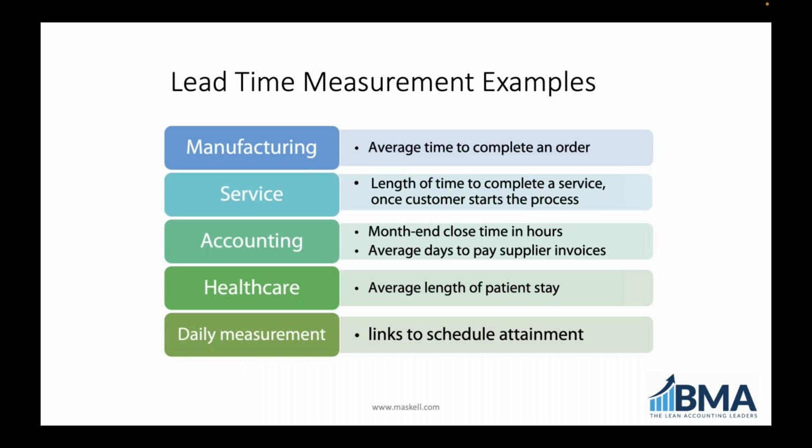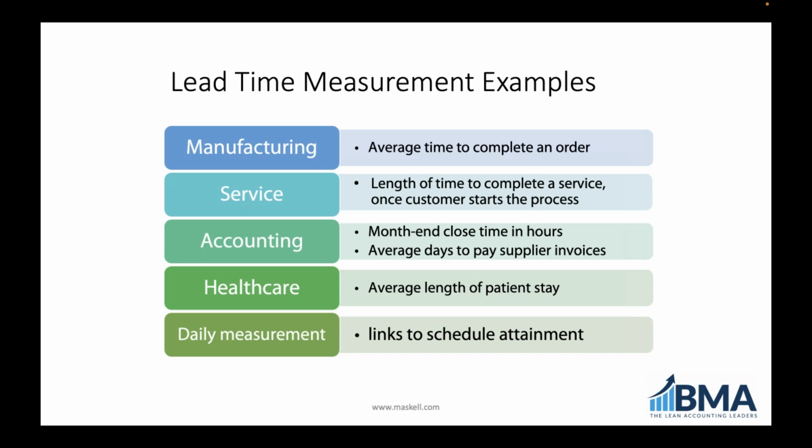Here are some examples, which some have explained verbally: order fulfillment, manufacturing, sometimes service fulfillment, and accounting, like month-end close time, now in hours, not days. Yes, you might close in 3 days, but the question is how many person hours does it take to close in 3 days?